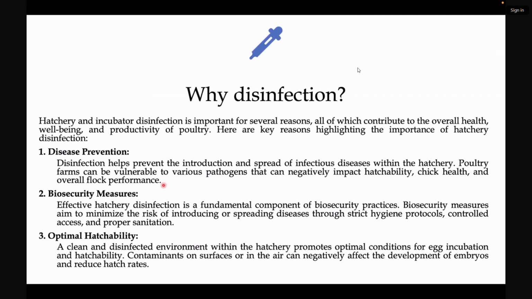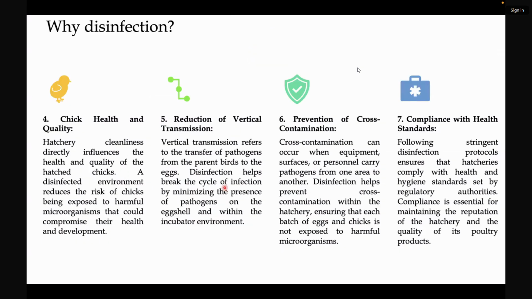Without disinfection or regular cleaning of your enterprise or facility, you may have lower hatchability, because there will be pathogens and they will contaminate the eggs and the embryo may not grow. And to ensure biosecurity, the transfer of vertically or horizontally transmitted disease to chicks can be prevented.